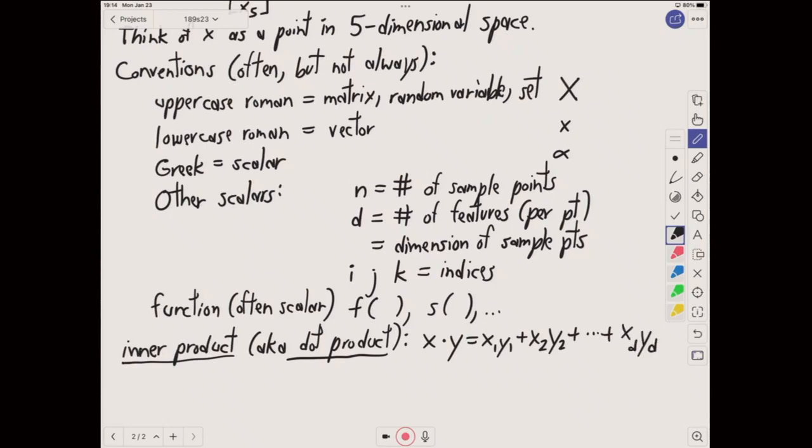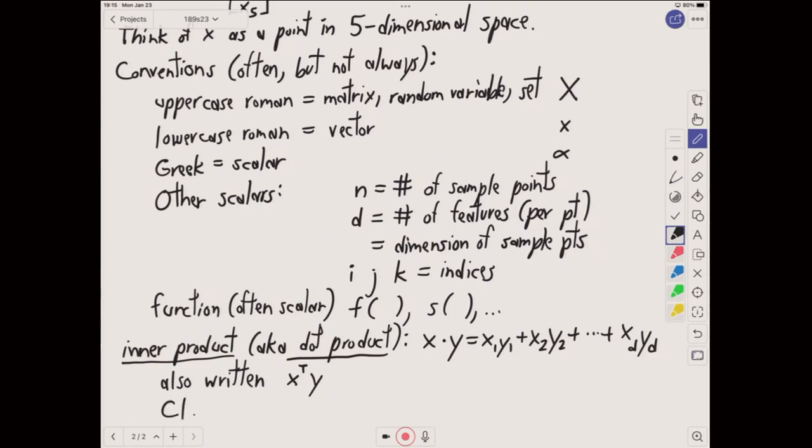But sometimes, depending on context, we'll prefer to use matrix notation to write that inner product. So sometimes you'll see it written x transpose y. And again, the reason it's x transpose y is because x and y are going to be virtually always column vectors, not row vectors, because that's our convention.